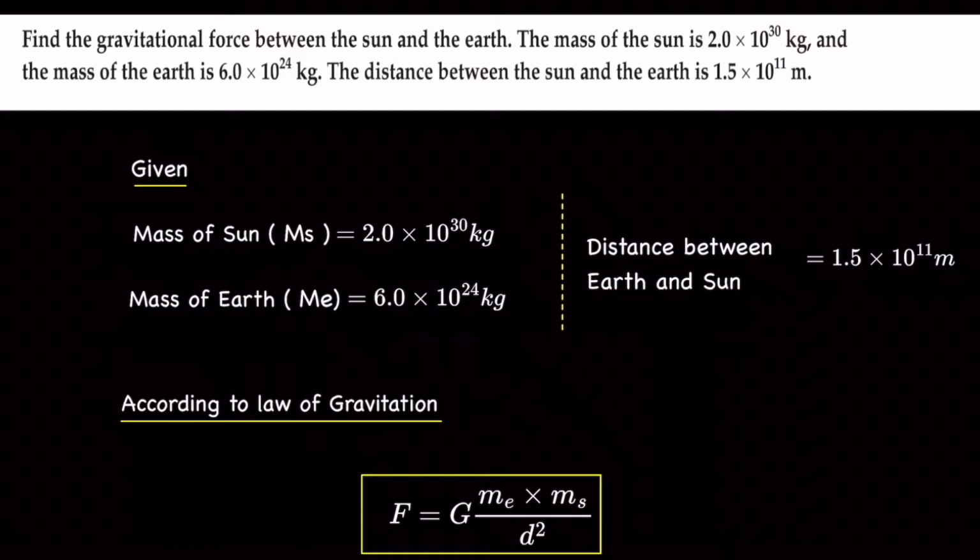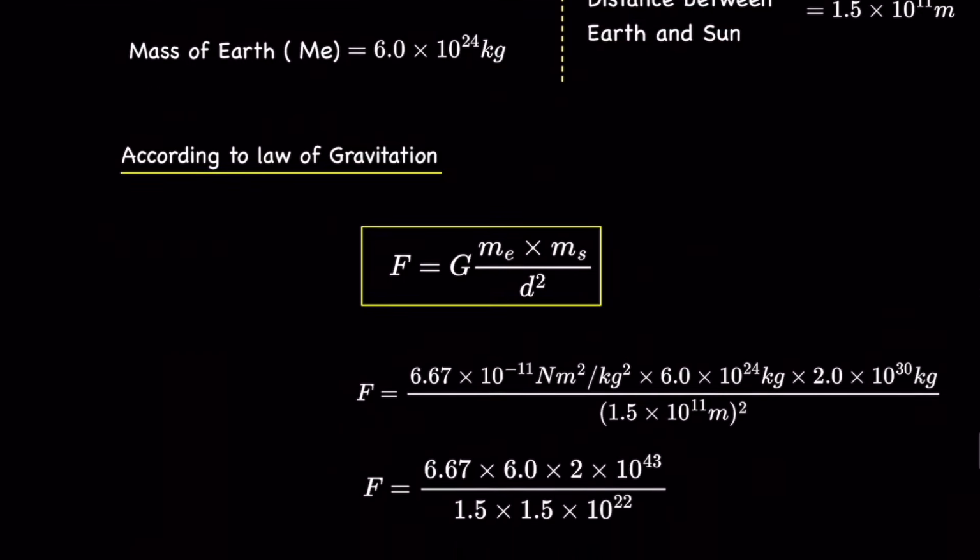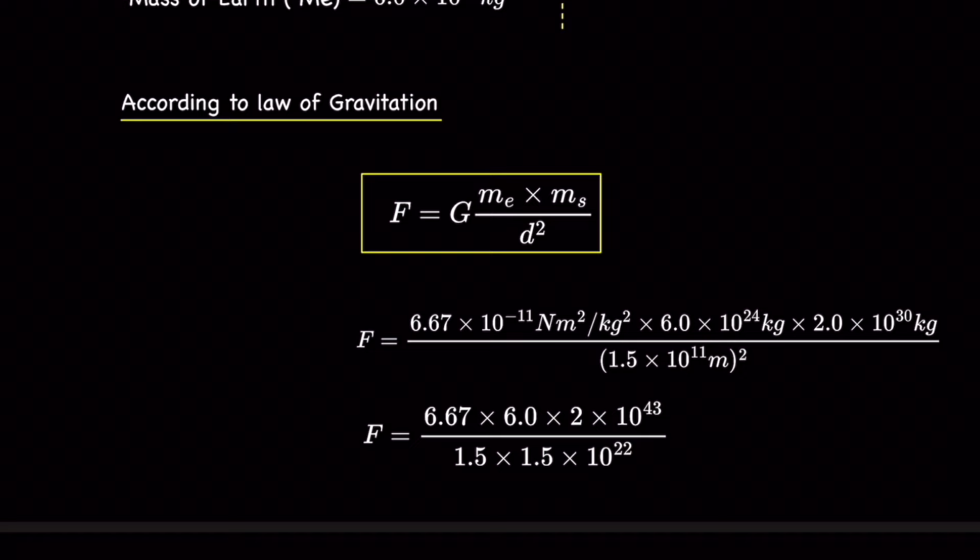So by applying the law of gravitation, we know that F is equal to G me ms by d square. So the G value is 6.67 into 10 to the power minus 11 Newton meter square per kg square. Mass of Earth is 6 into 10 to the power 24 kg.